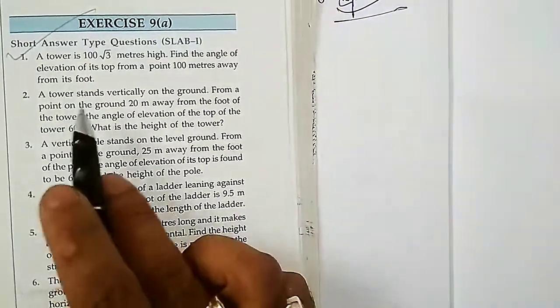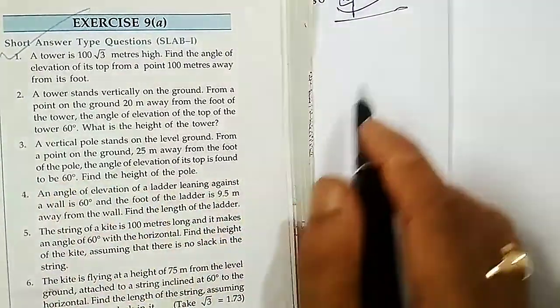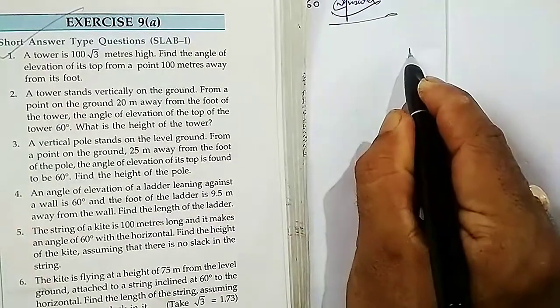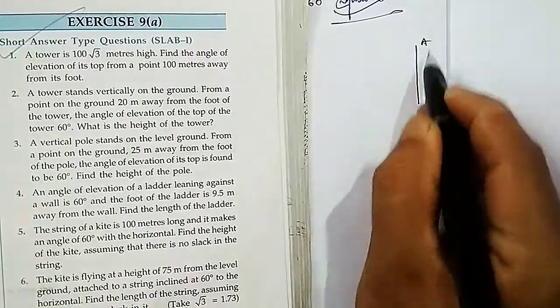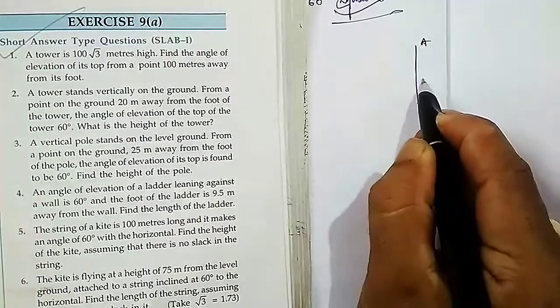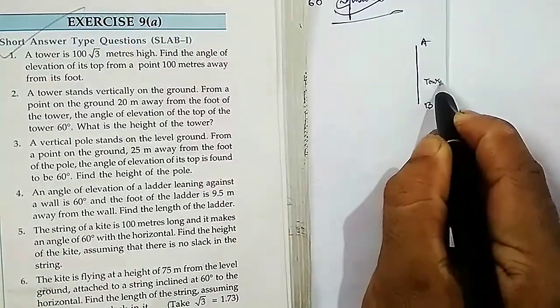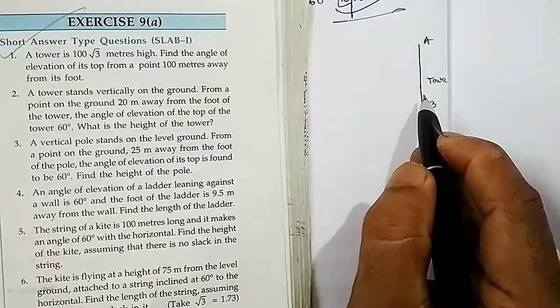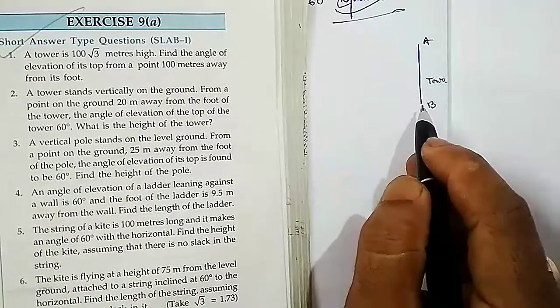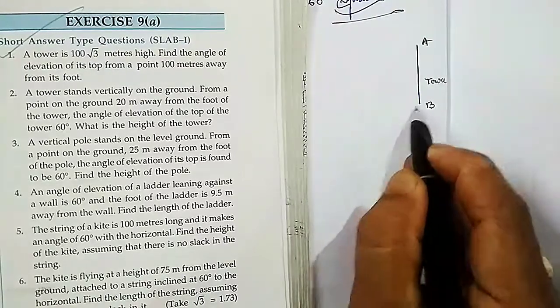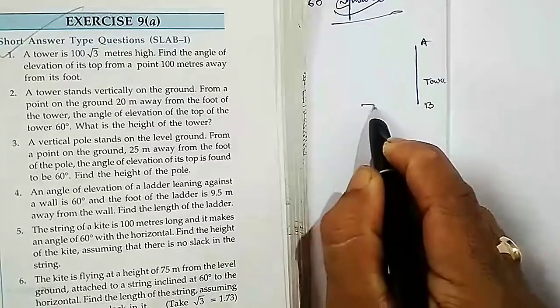Here it is given a tower stands vertically on the ground. So let me first draw the tower. Suppose this is the tower, let AB be the tower. It is given from a point on the ground 20 meter away from the foot of the tower. This is the foot, so at a distance of 20 meters.